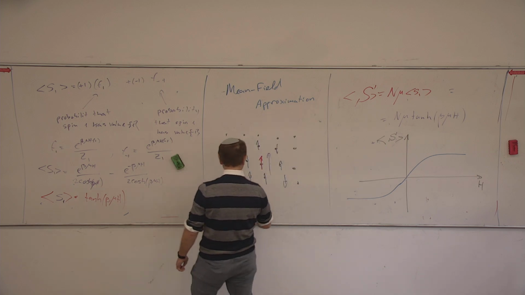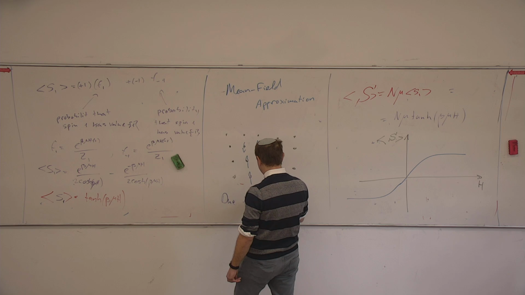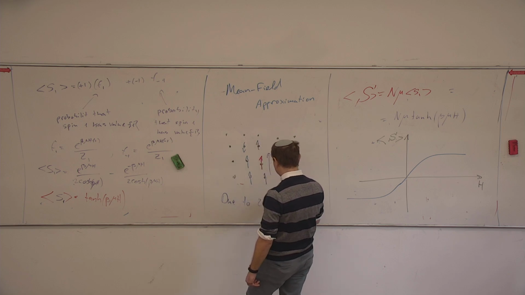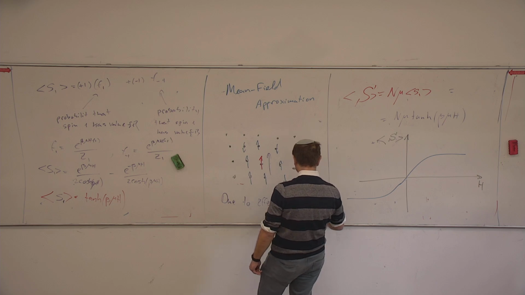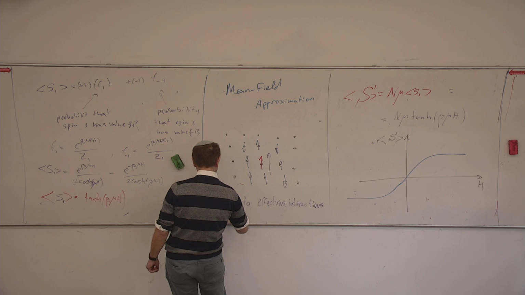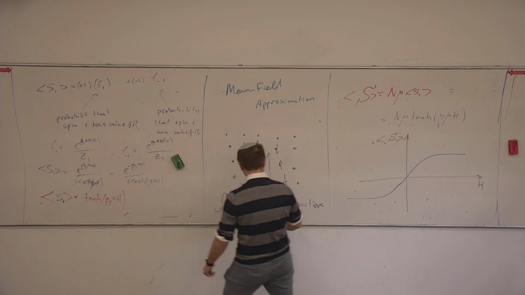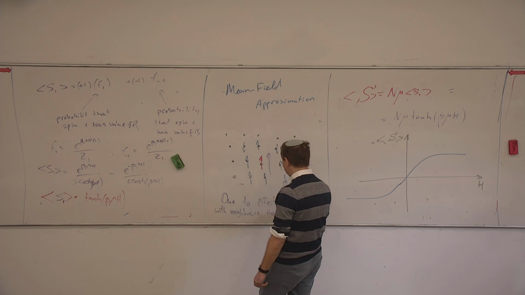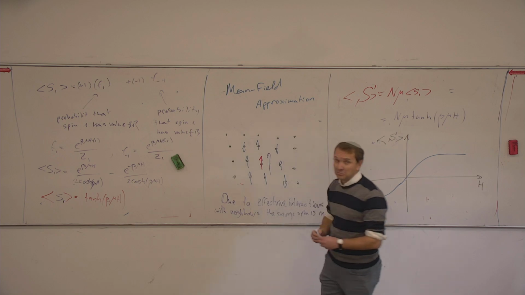So due to effective interactions with neighbors, the average spin is M. What is this M?